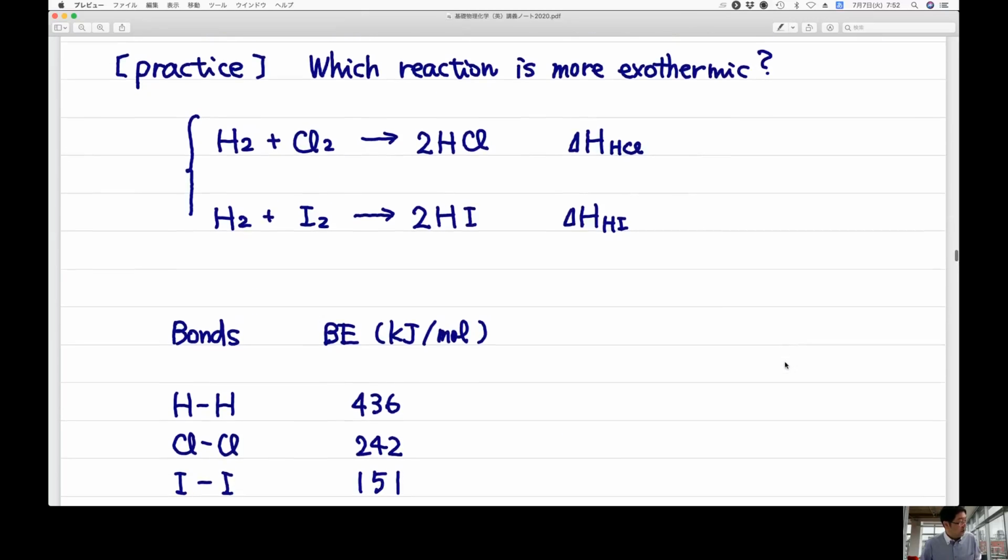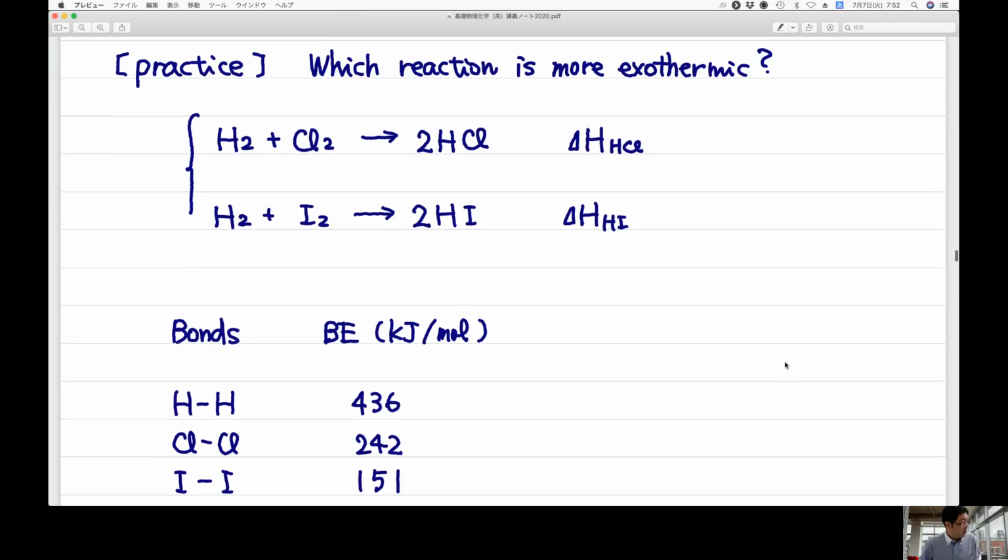Okay, so this is the final part of today's discussion. This is the practice. Please calculate the change of enthalpy of these two reactions.